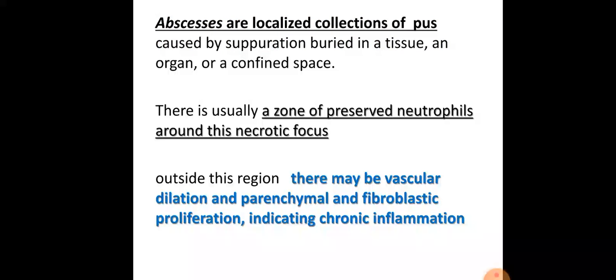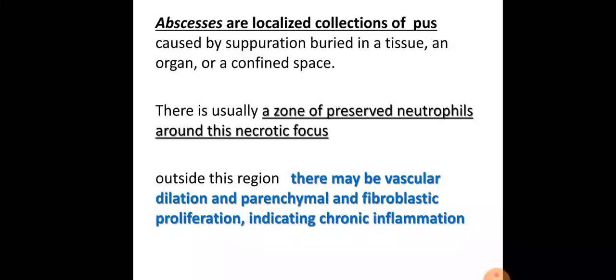Abscesses are localized collections of pus, and as mentioned, pus is a collection of dead neutrophils with fibrin or debris caused by suppuration, buried in a tissue, an organ, or a confined space.